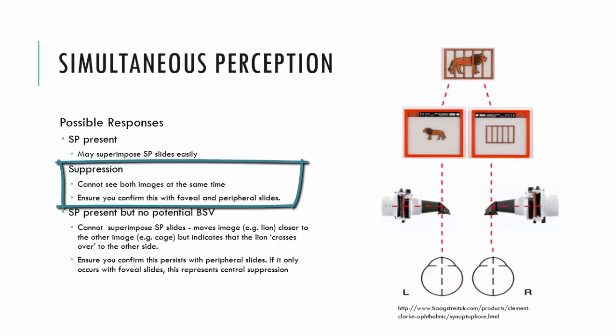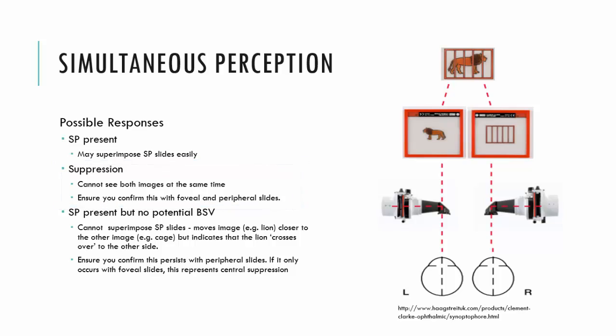Now, when you have suppression, what you want to do is ensure that that suppression persists through differing sized slides. So if you have a suppression response with foveal slides, this could indicate that all you simply have is central suppression.